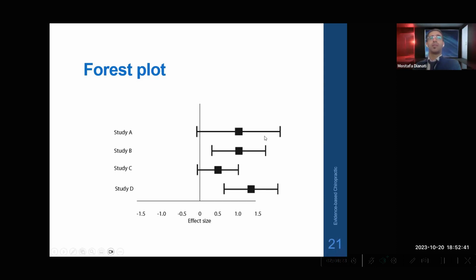But as you see the tails, these are the tails, they crossed the threshold. So this is not significant anymore, okay? Because of the tails. This study, however, mentioned it can increase the risk and the tails are not crossing the threshold. This study also says another number, this one also another number.